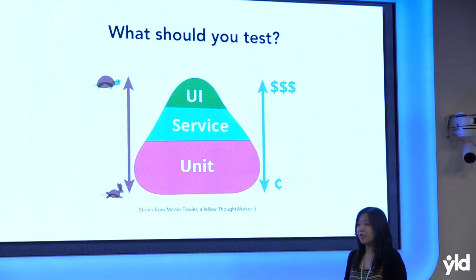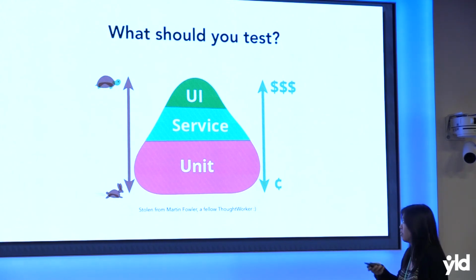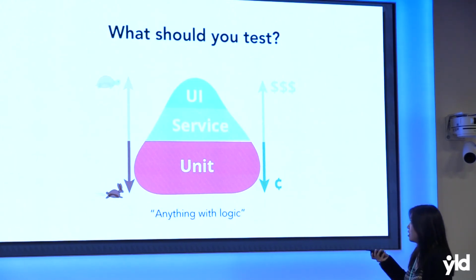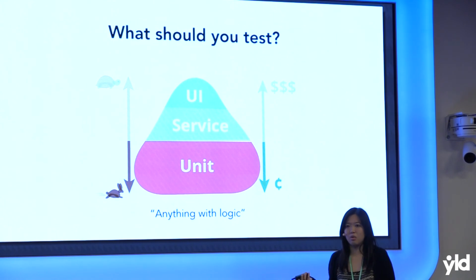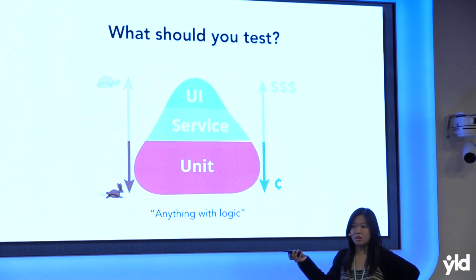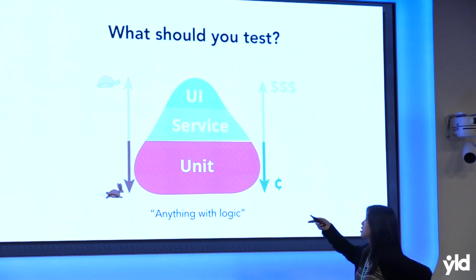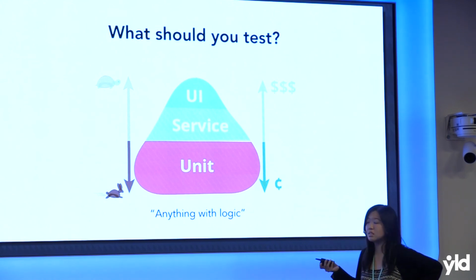If you've already written tests for React, you know about writing unit tests, because you would have used some of these test runners. And the idea with the unit tests is, how should you test in React? It's the same idea that you would want to test anything with logic. This is the concept for the unit tests, and you can extend it to the service layer as well.